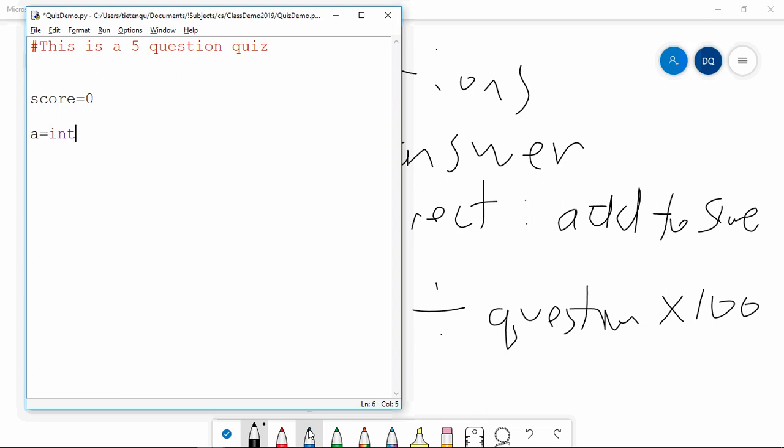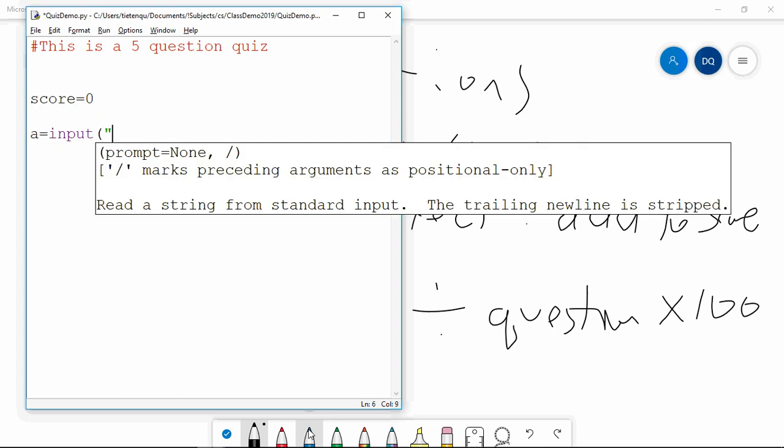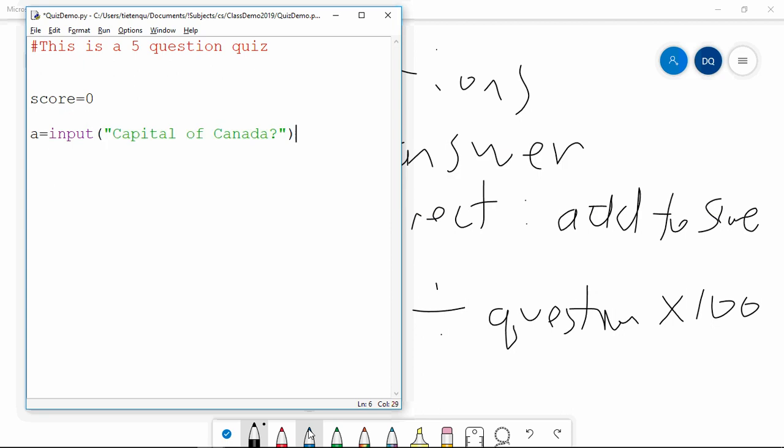So A is going to be what the person types in. And my first question is going to be capital of Canada. So I'm not feeling particularly creative today. I'm going to do a bit of geography here. So the person's going to type in their answer to what they think the capital of Canada is.